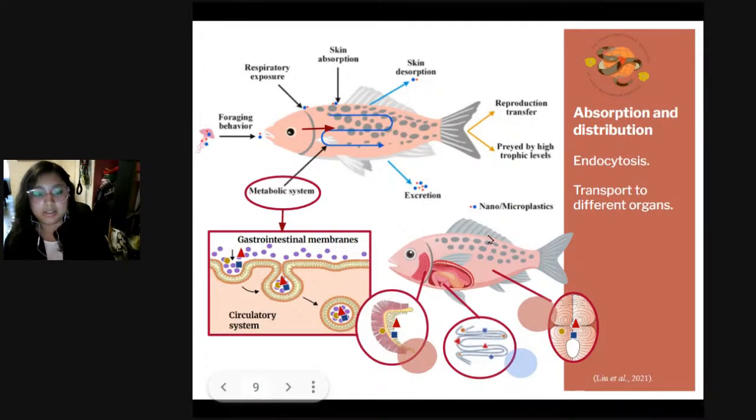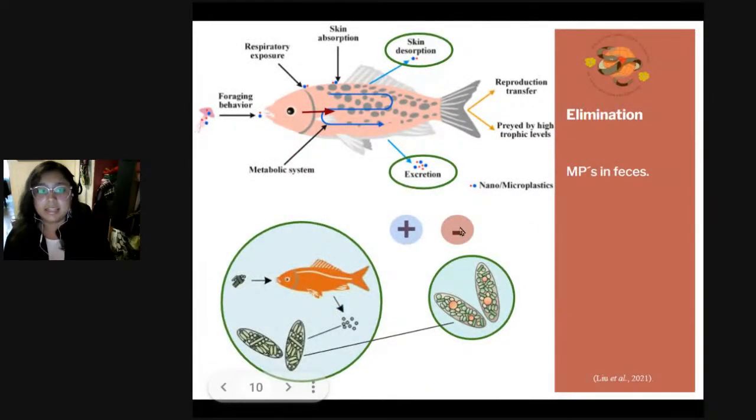These microplastics usually get into the gills, but can also end up in the brain or in muscle. Finally, these microplastics are eliminated from the organism in excretion, where small microplastics have a lower rate of depuration than big microplastics, which are eliminated faster. And finally, they can also be eliminated by skin desorption.